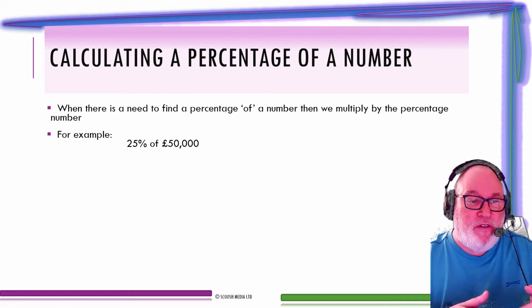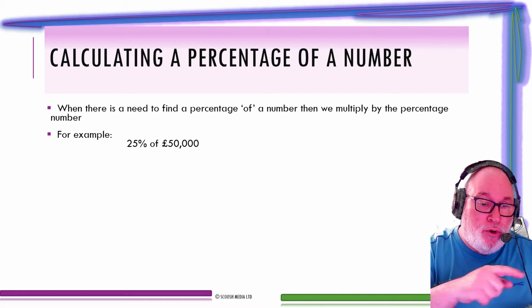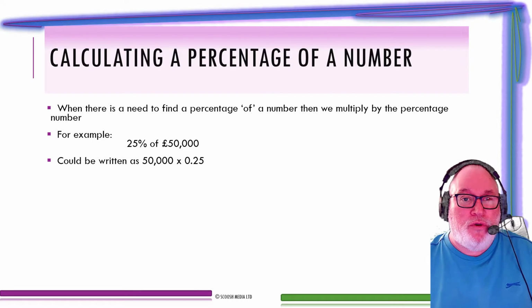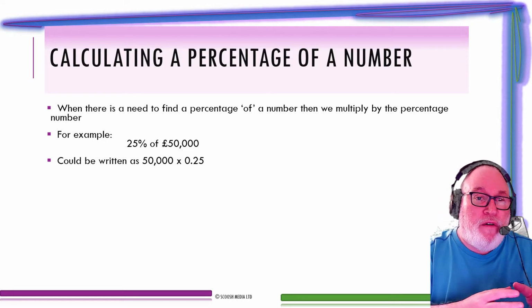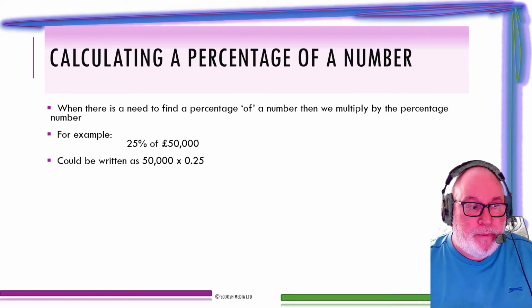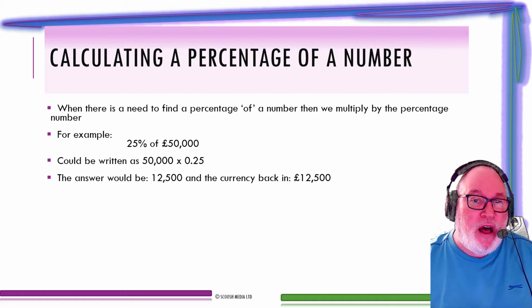Even if we have 25 divided by 100, you move the decimal place, 1, 2, which gives you 0.25. So all you would do is 50,000 multiplied by 0.25. The answer to that is 12,500.